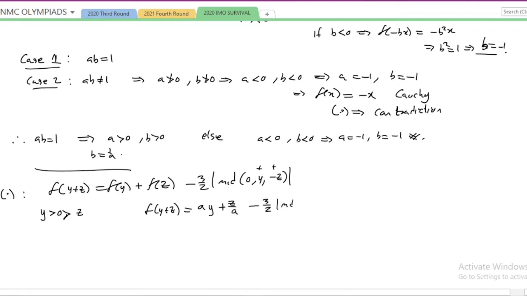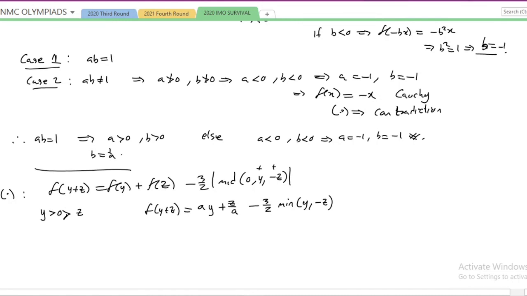Remember they are both positive, so the middle will be the smaller among them, and taking absolute value, that's the positive. So we have this to be a minimum of y and minus z.